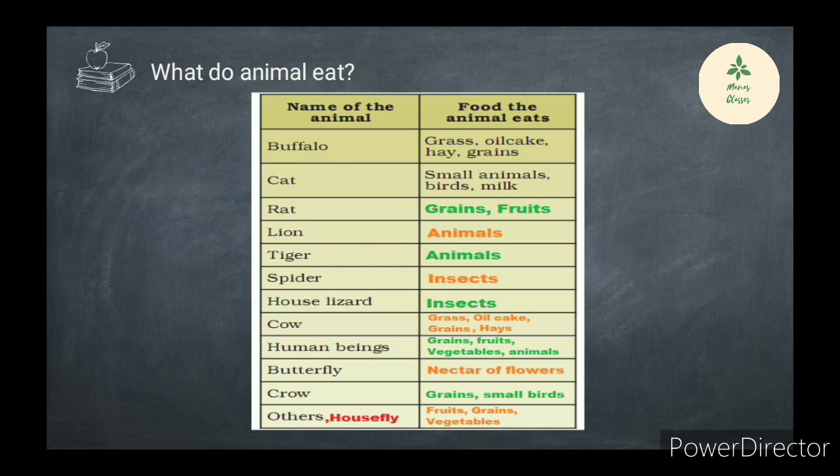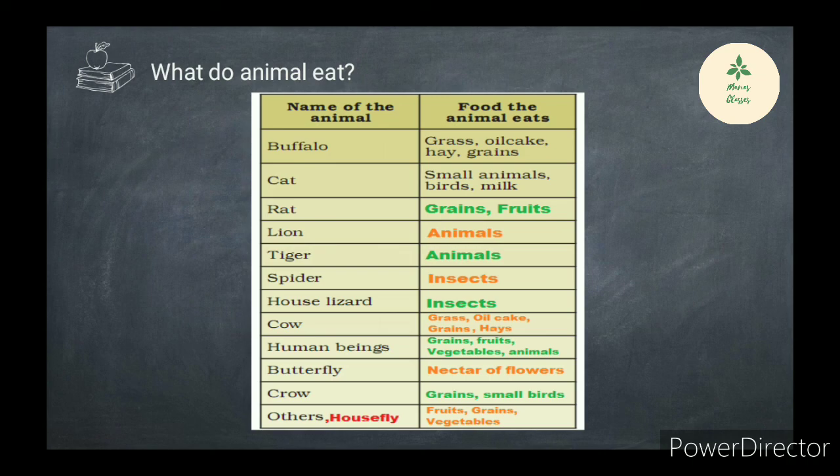Human being, there are many varieties, not only some food: grains, fruits, vegetables, and here it is written animal. So it means that a human being is vegetarian and also non-vegetarian.